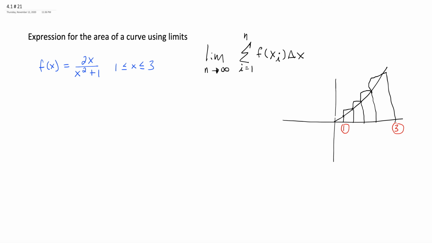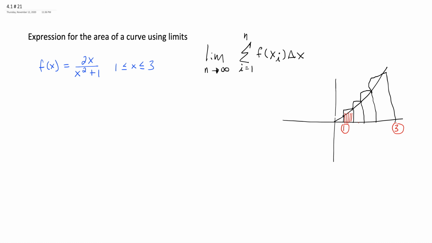In this case, we have 1, 2, 3, 4 intervals, so n is 4. But in this problem, we're saying n is infinity, which means that we have infinitely many little rectangles.